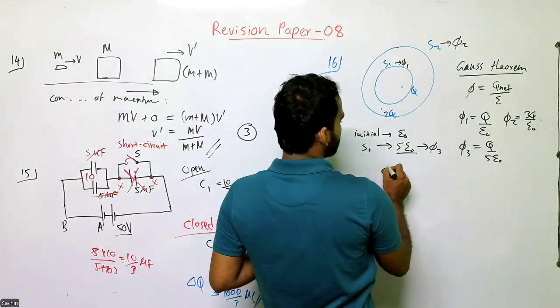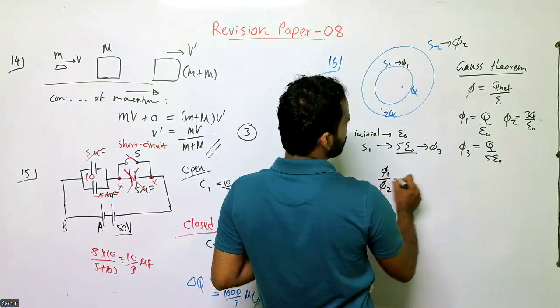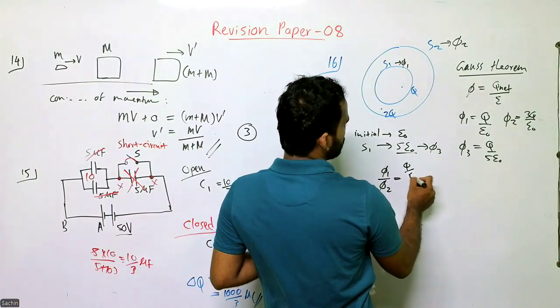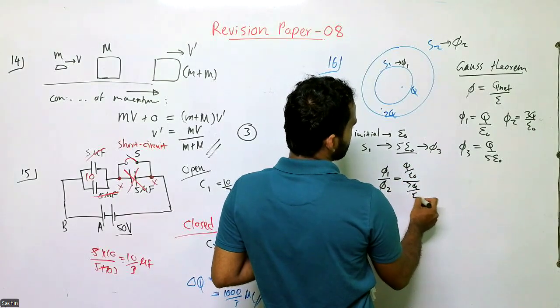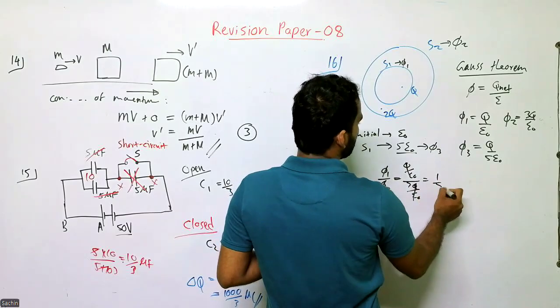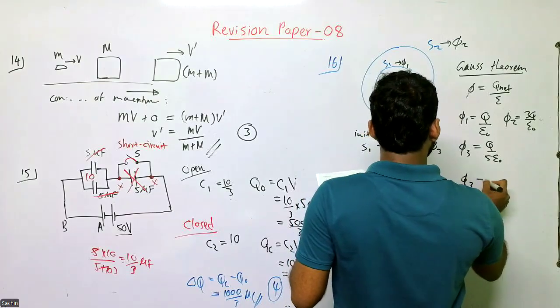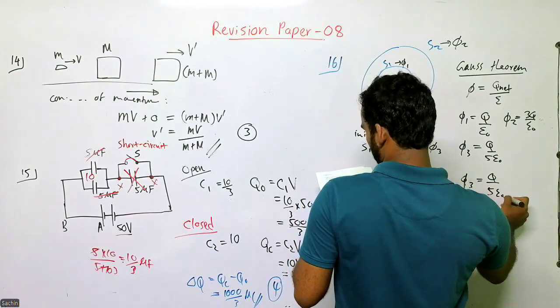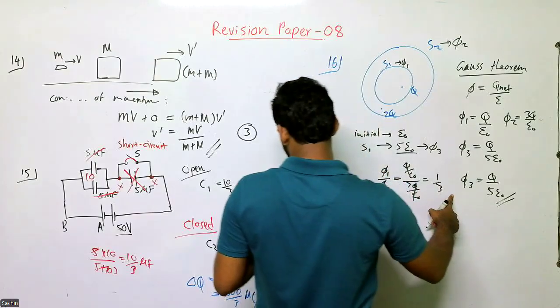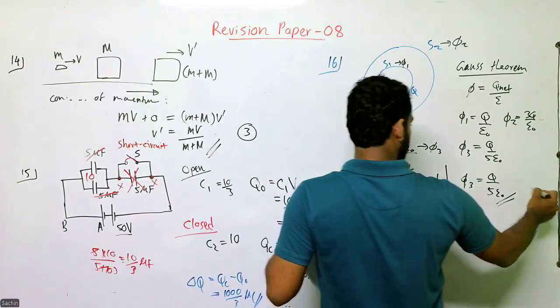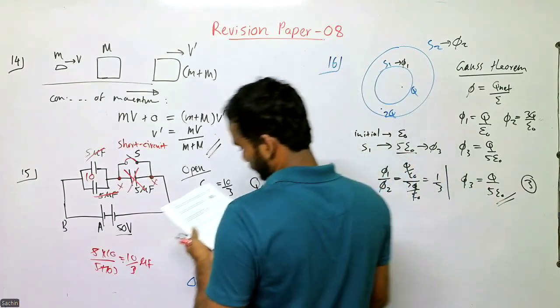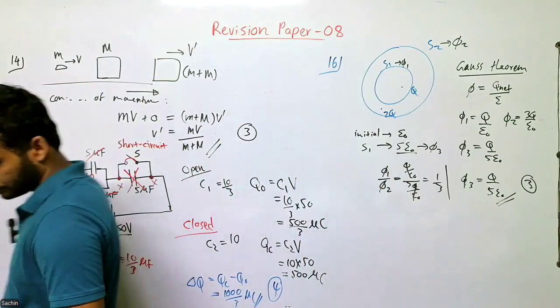If you take a ratio, phi1 over phi2, Q over epsilon divided by 3Q over epsilon, this is getting cancelled and it will be 1 over 3, right? And phi3 is Q over 5 epsilon naught. Both of these are correctly mentioned in the third answer. The answer is the third one.